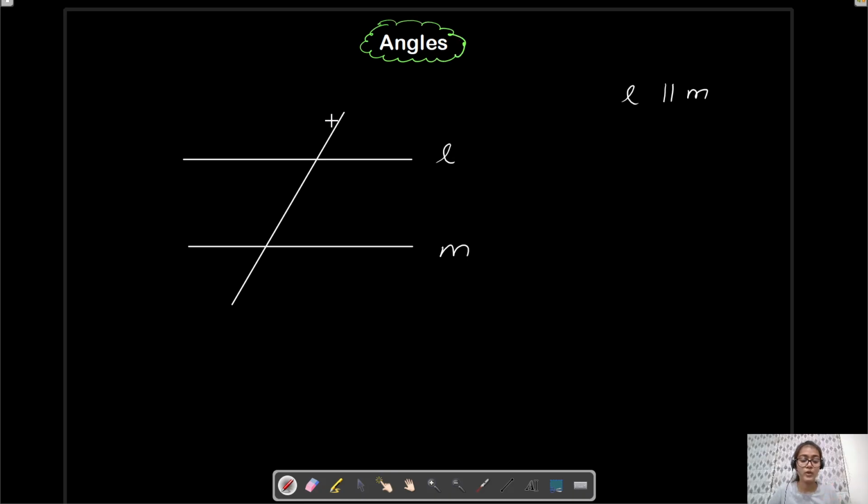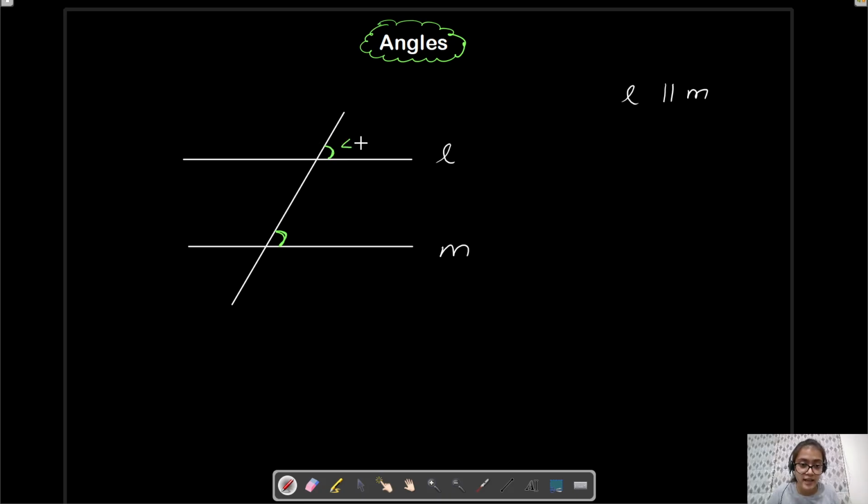So what we're gonna see is, if you see this angle and this angle, these two angles look like they are congruent. Okay, they look like they are congruent, and yes, they are congruent, and these are called corresponding angles. Okay, so what I'll do is I'm gonna name them.